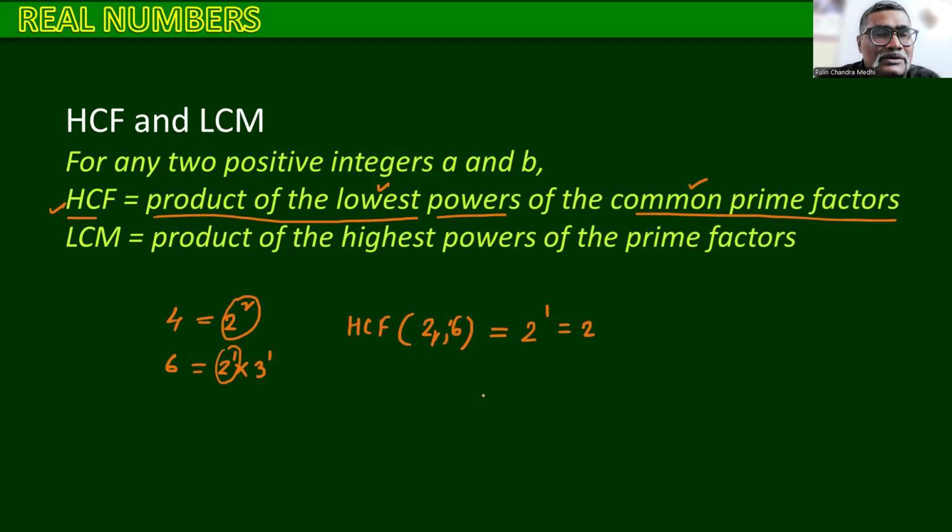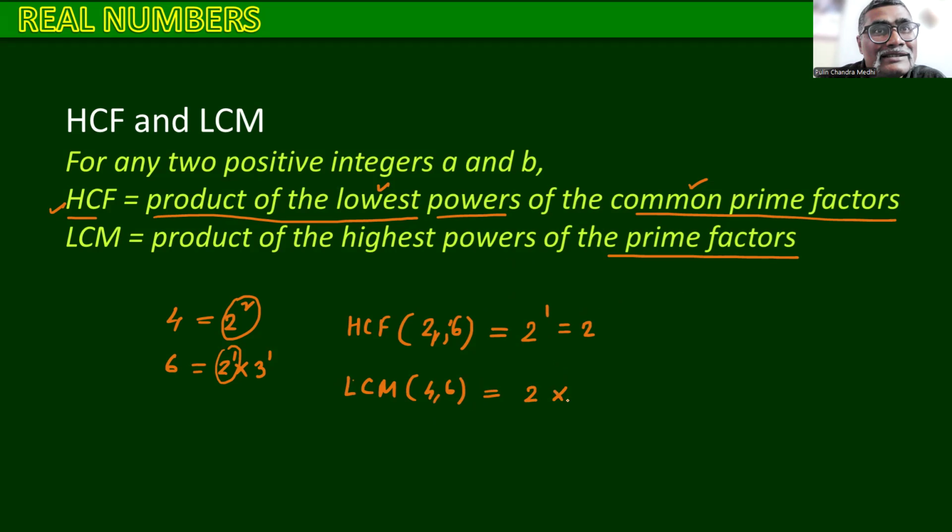And just the reverse of this is the LCM. But remember, for LCM, I need all the prime factors. It's not that only common prime factors. That is a very important difference to be observed. So with the same notation, I can find the LCM of 4 and 6. I have to write all the factors.